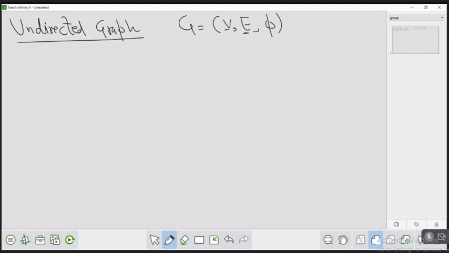The relation between a pair of vertices will give the edge.